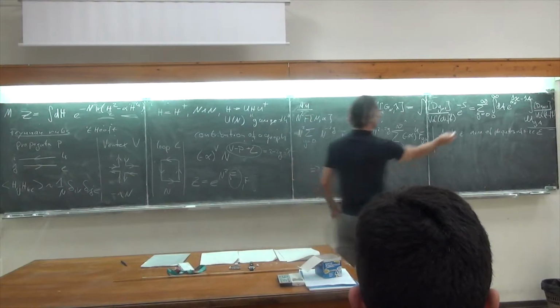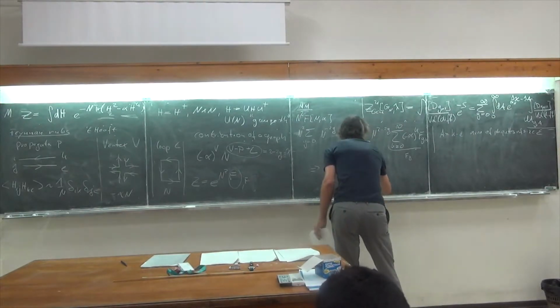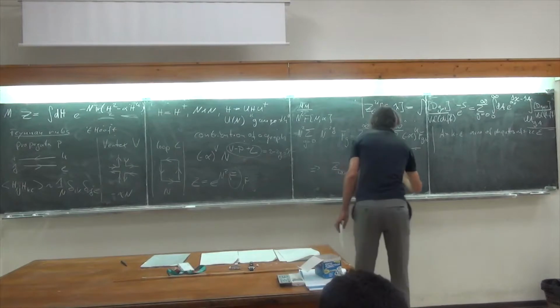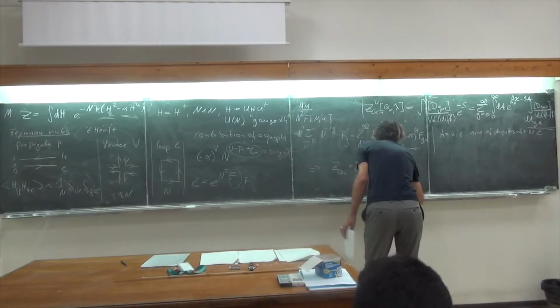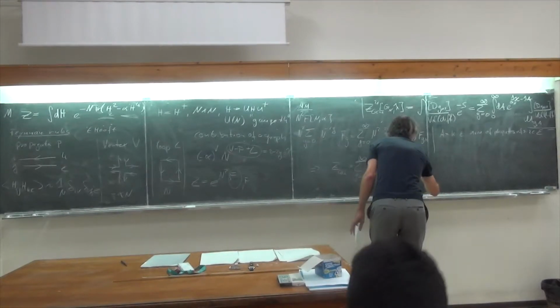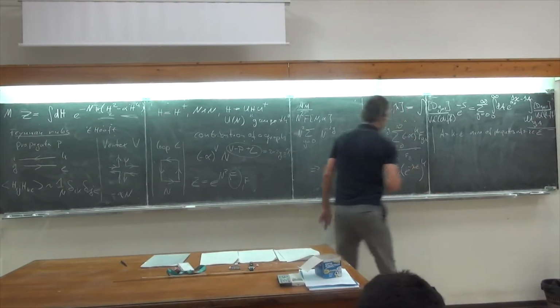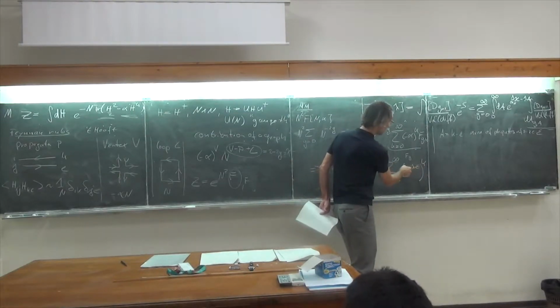So we have a sum over genus, then we have a sum over k, e to the minus lambda epsilon k, and that's minus lambda a.